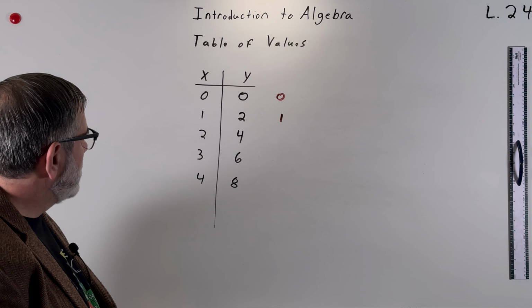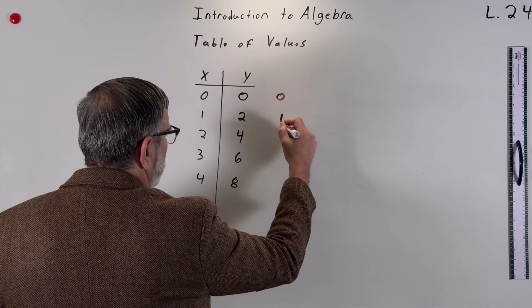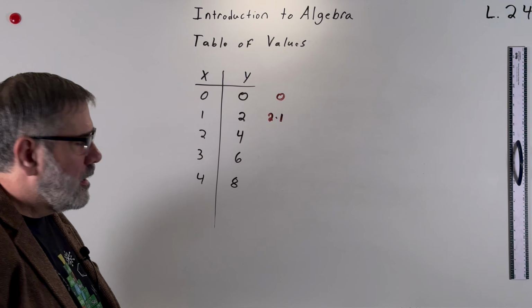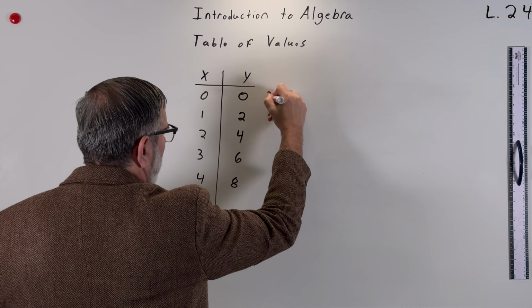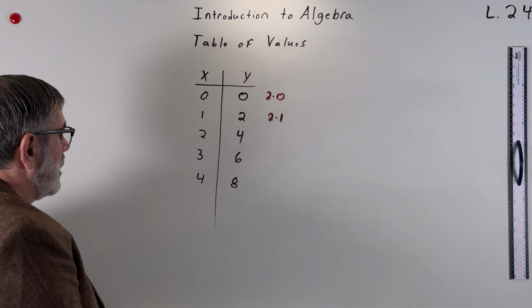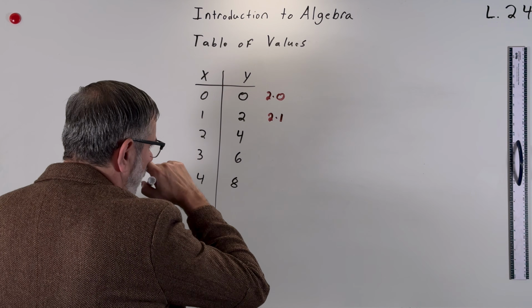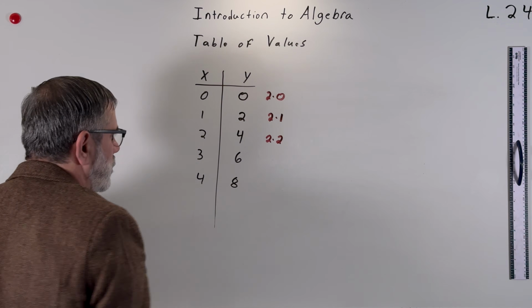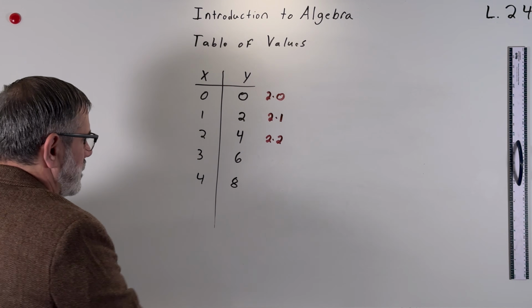So what if instead I said, you know what, let me just do this. What if I multiply the value 2 times the independent value 1? That'll give me 2, and I can do it up here as well. 2 times 0 is still 0, yes? So it looks like I may have a rule here. Let's try it in the next row. Write in the independent value 2, do our rule, 2 times 2, that is 4. It looks like it's working.